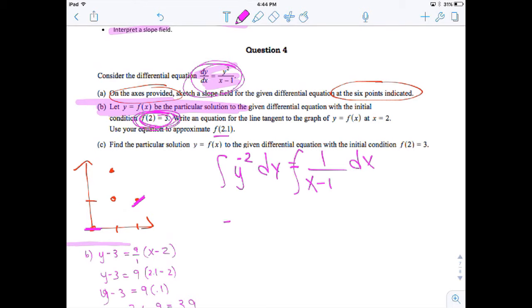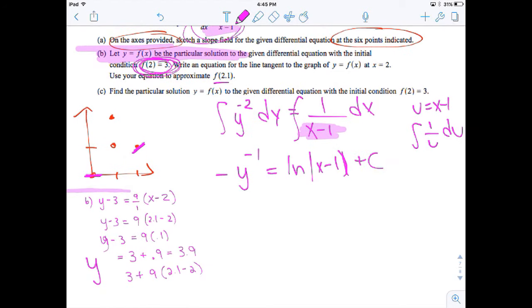This side, because this is to the first power, you could do a u-sub where u is x minus 1, and then you'd have the integral of 1 over u du. So this is ln absolute value of x minus 1 plus c. So I've got 1 over y equals negative ln absolute value of x minus 1 plus c. So y equals 1 over negative ln absolute value of x minus 1 plus c.